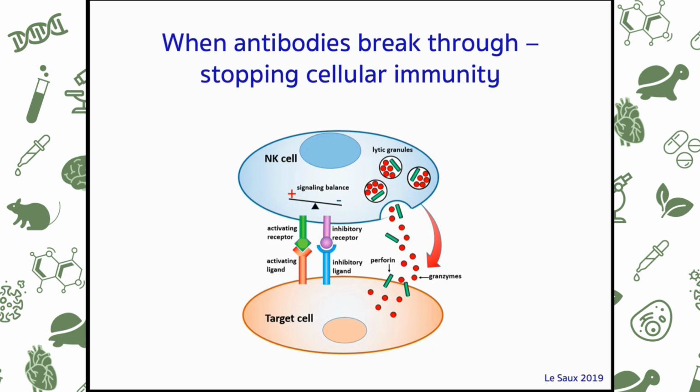So when one of these killer cells bumps into one of your cells, inhibitory signaling is triggered inside the killer cell, and the killer cell thinks, okay, this is a friend cell, so it then snuffles off and bumps into another cell, and it tests that other cell out, and it keeps snuffling around the body until it bumps into something which activates it, until it bumps into a cell which doesn't trigger inhibitory signaling, but instead triggers activatory signaling through those activating receptors. And then it thinks, oh, this cell shouldn't be here, and it releases a whole set of toxins, like this molecule called perforin, which then makes holes in the target cell.